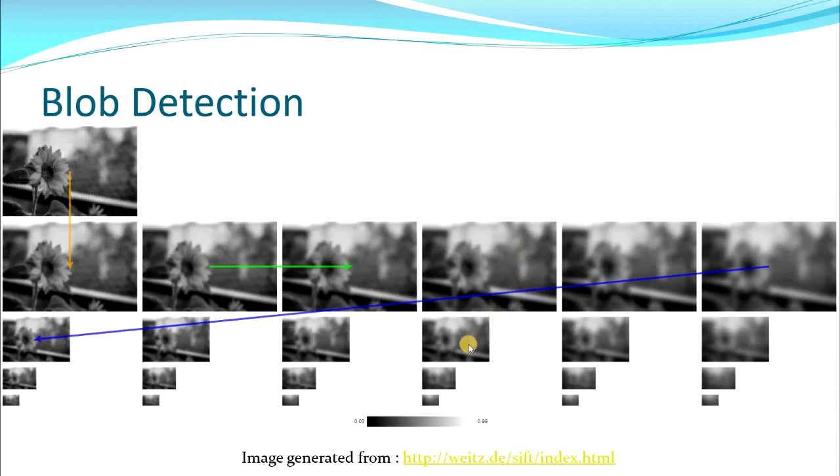These blobs carry very nice information about the particular surrounding or the particular local image patch. So these blobs, or the center point of the blob, are good features. SIFT uses blob detection to select the features that we are going to match.